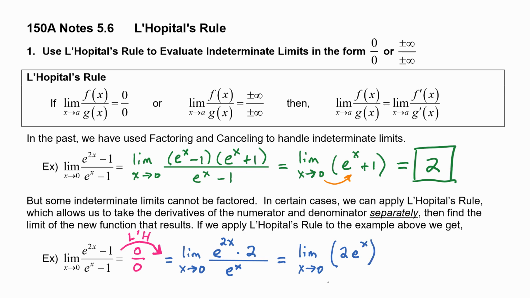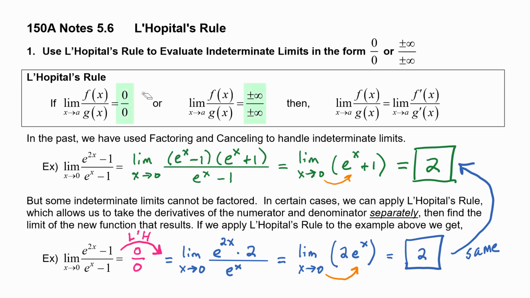Now we can go ahead, plug in x equals 0 into the limit, and we get 2 times 1, which is just 2. So you can see that we get the same result as we did before, and that L'Hopital's rule does work.